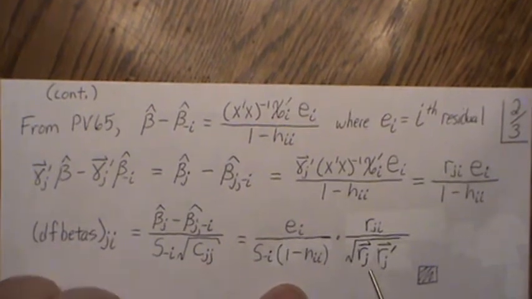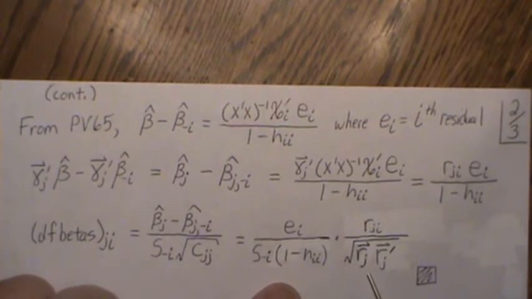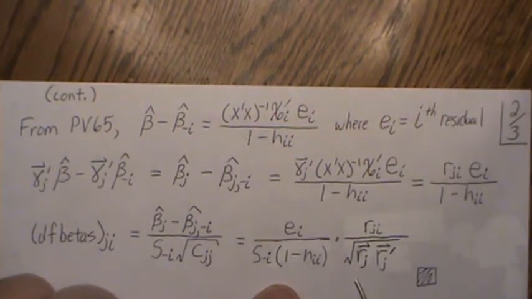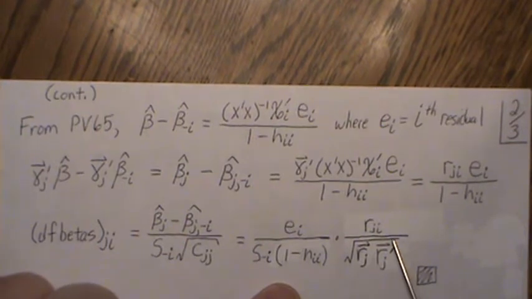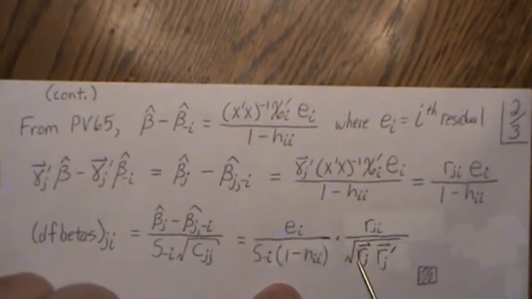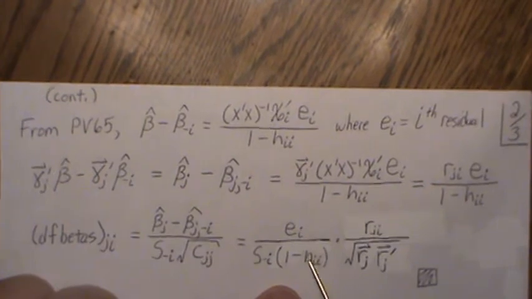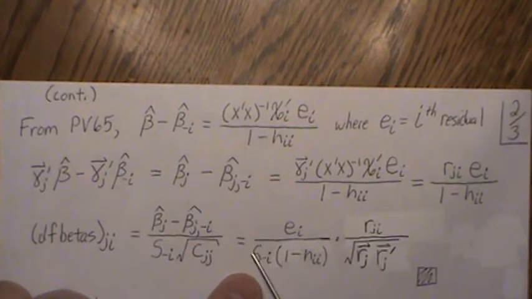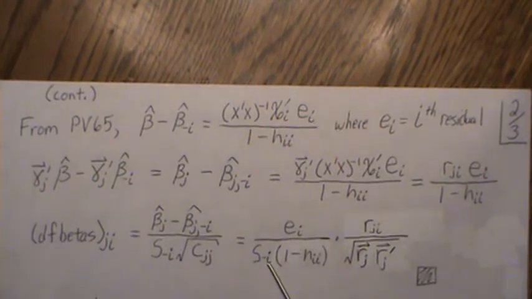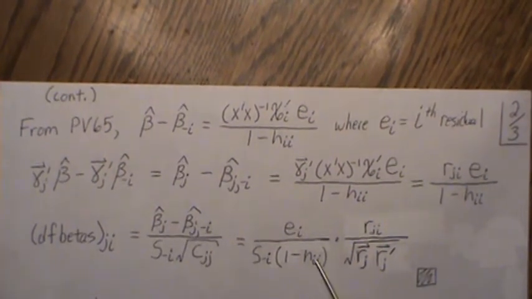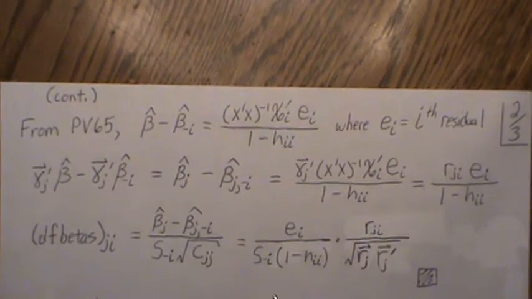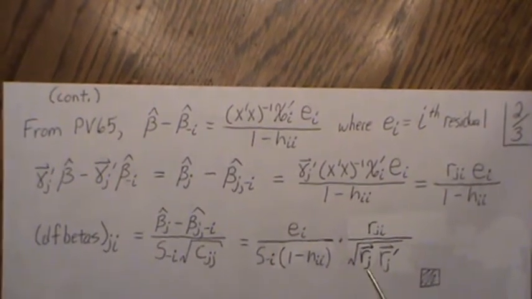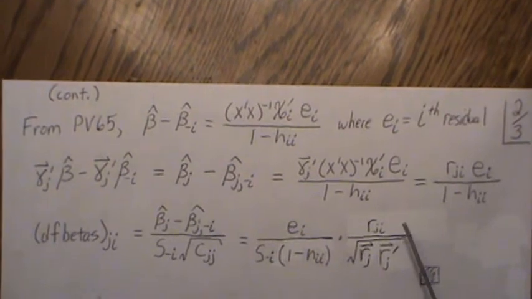Now everything in here, we only need one regression to fit, right? This is from the full model. And we showed in previous video 65 that this can be fit with the full model. So for each observation, we only need one fit to go back and calculate these DFBETAS. And that's kind of intriguing.